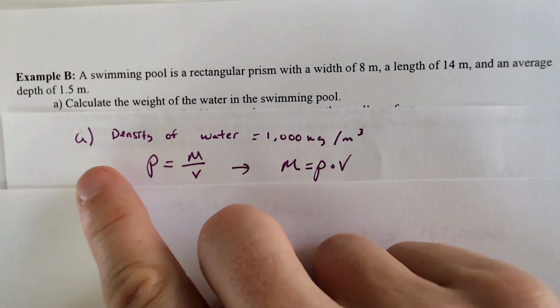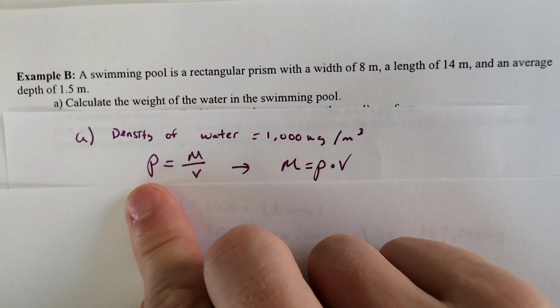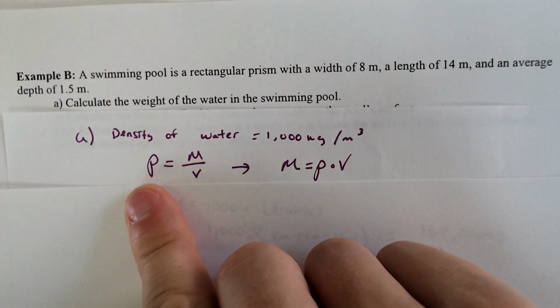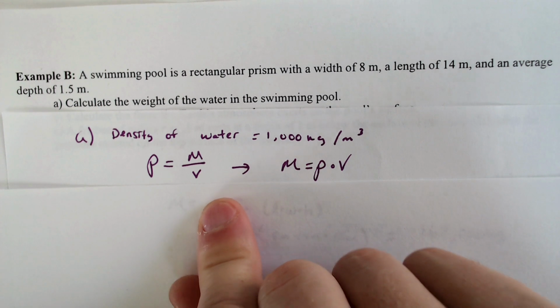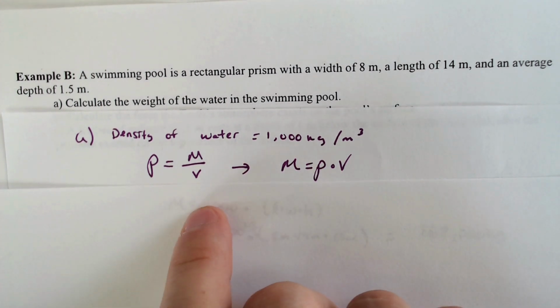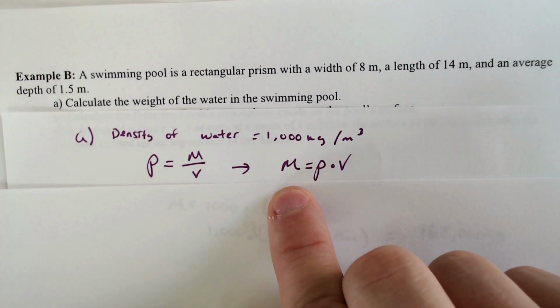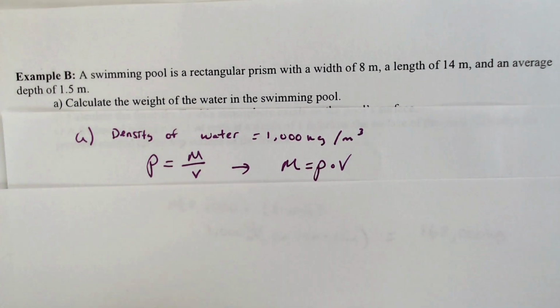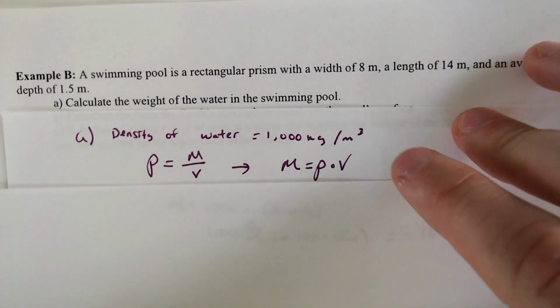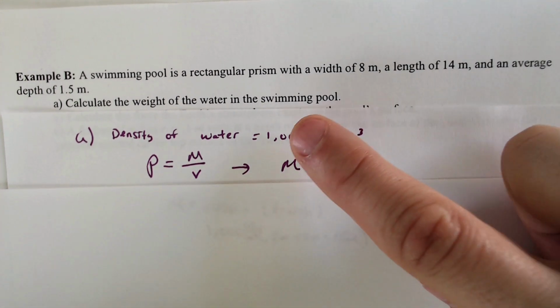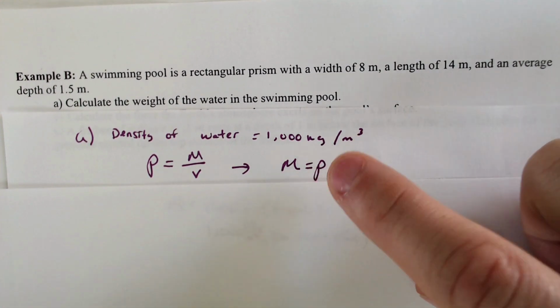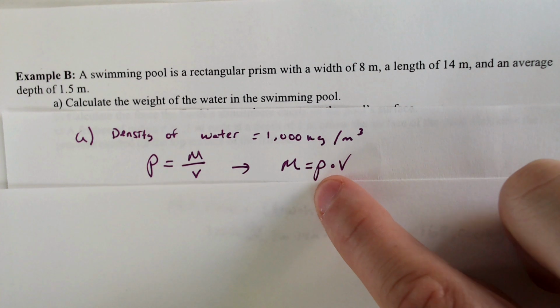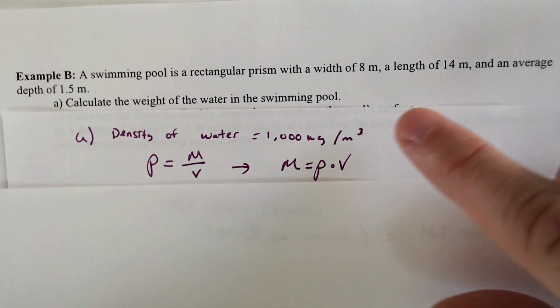And we need to know that density is equal to mass divided by volume. So if we use this formula, we can figure out the mass is equal to the density, rho, times the volume. We just need to use some of the very little information we have. The 1,000 kilograms per meter cubed goes in for rho, and we can find the volume of this pool.